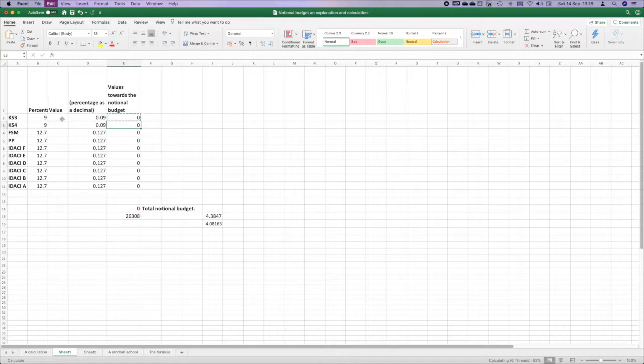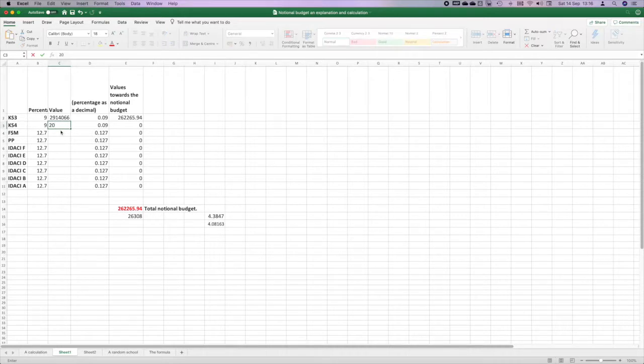I did actually remember to write down the values. So their Key Stage 3 money that was coming in was £2,914,066. Their Key Stage 4 students was £2,094,368. Their free school meals was £94,463. Their Pupil Premium was £384,354.